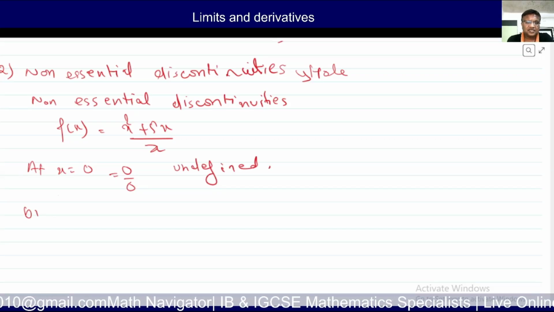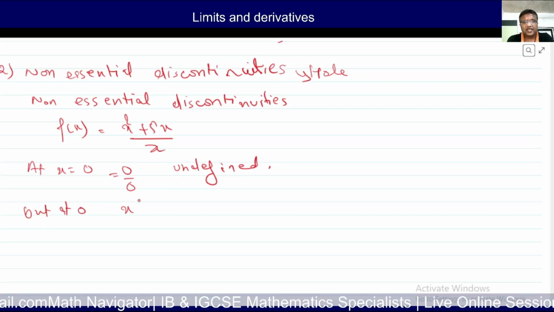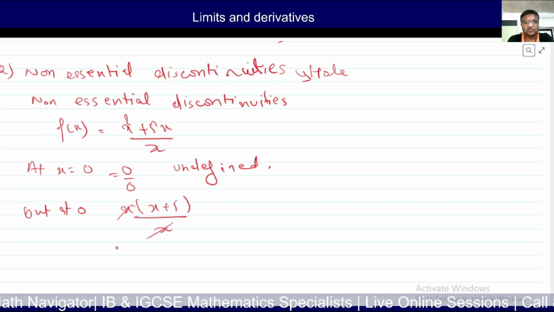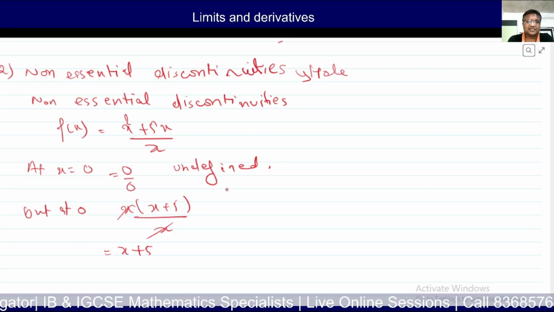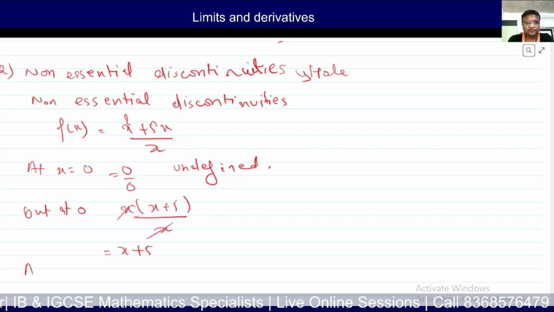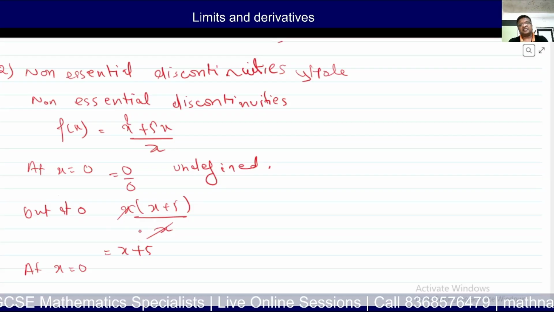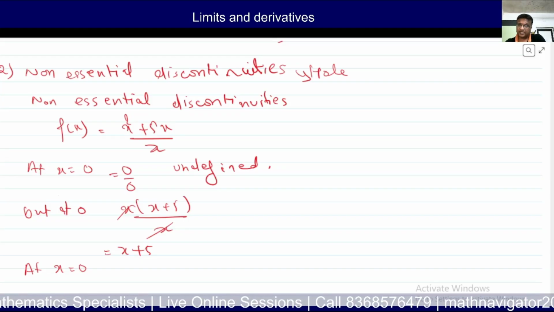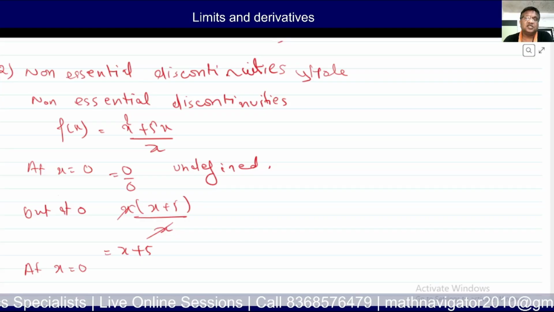But at 0, I can define another function, which is x times (x plus 5) over x. x cancels x, so this is x plus 5. So I can say at x equal to 0, we can define another function x plus 5, then the function becomes continuous. Then the discontinuity is removed. Got my point? So we can say non-essential discontinuity can be removed.